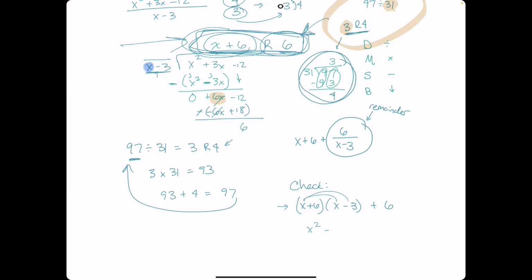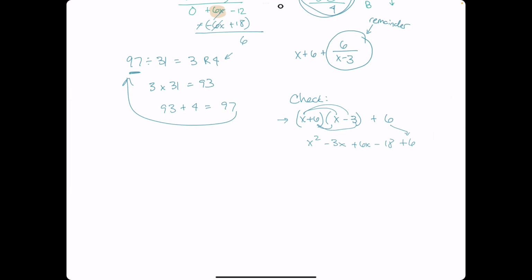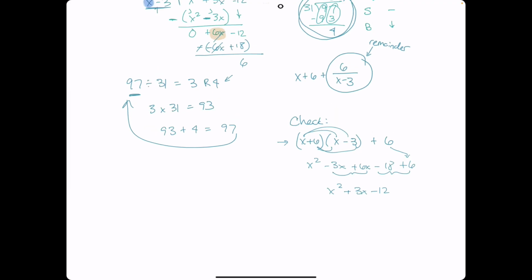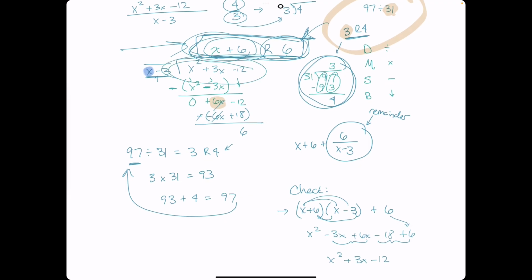X times negative 3, negative 3x. 6 times x, plus 6x. 6 times negative 3, negative 18, plus 6 still from right there. If I combine like terms, those two and those two, I would end up with x squared plus 3x minus 12. Wow. And that's what I had up in the beginning. So you can check this work. I'm not saying you always have to, but if you're like, oh, I don't know if that makes sense, you can check it instead of just redoing it.